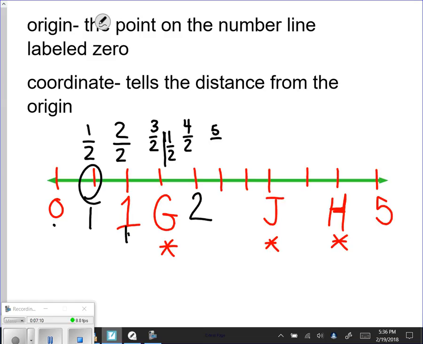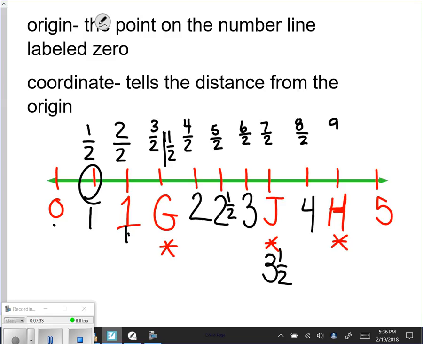This would be 5/2, which is 2.5. 6/2, which is 3. 7/2, which would be 3.5. 8/2, which would be 4. 9/2, 4.5. 10/2, which would be 5.